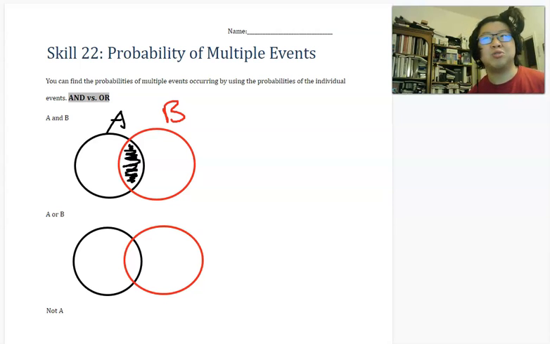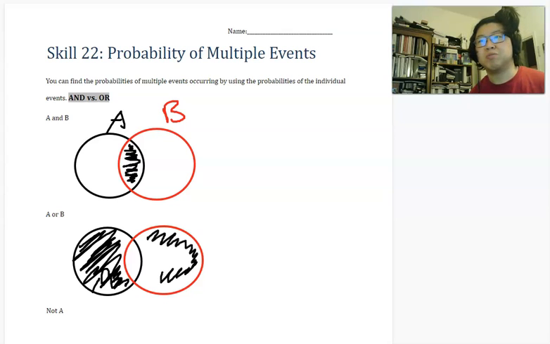As long as I'm doing one or the other, it doesn't really matter whether I'm in one or the other or both, because that would technically mean I am riding my bike. I could be riding my bike, or I could be using my phone, or I could be doing both. So that little middle section is still highlighted.